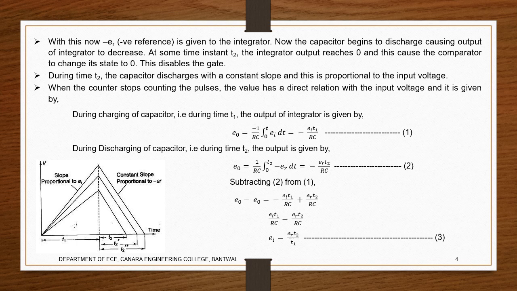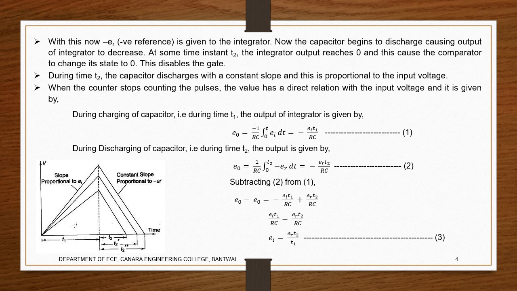So when we subtract these two, we get E0 minus E0, of course, it is 0. So minus Ei T1 divided by RC plus ER into T2 divided by RC equals 0. Shifting it to one side, we get Ei T1 divided by RC equals ER into T2.